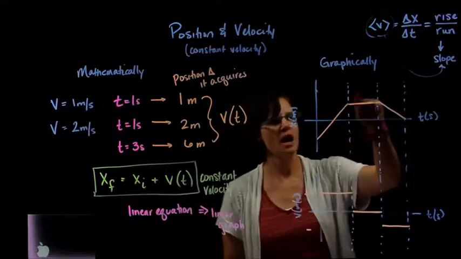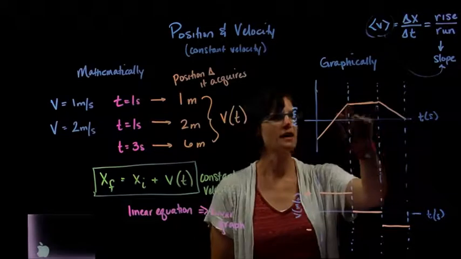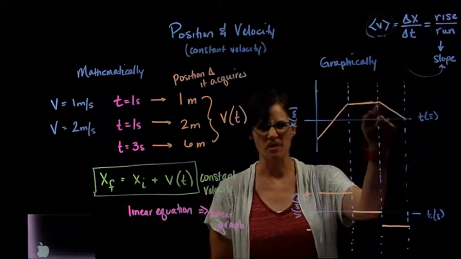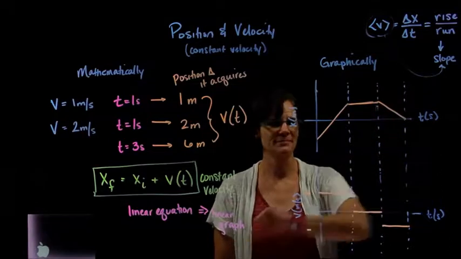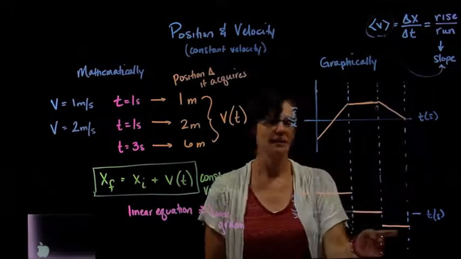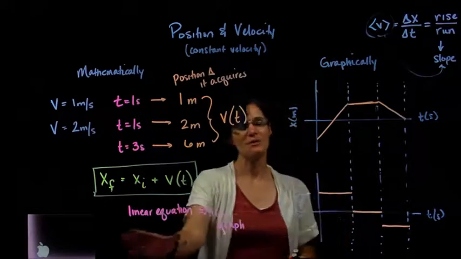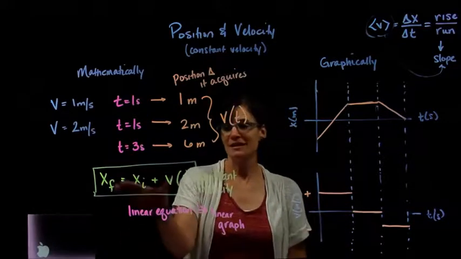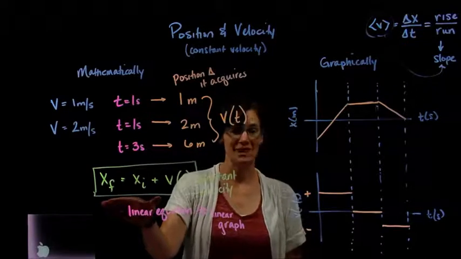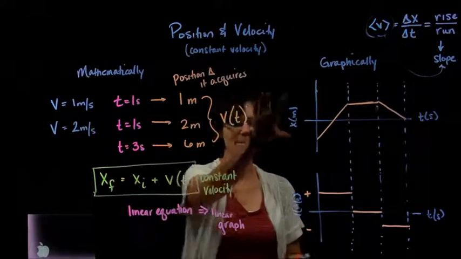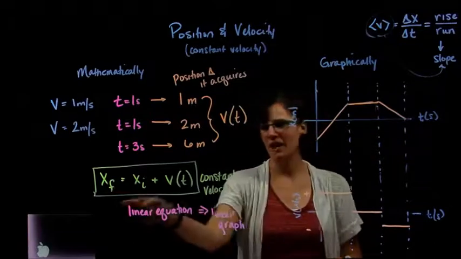So I have a constant velocity, a straight line, linear graph. I have no velocity, I'm not changing my position, so that's 0. Then I have a constant velocity, straight line, linear graph, again, but it's in the negative direction. So mathematically, when we talked about a linear equation, how we represent the mathematical interpretation of constant velocity, position versus time is a linear graph.